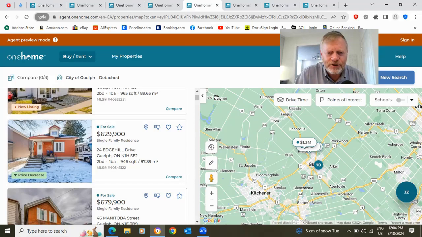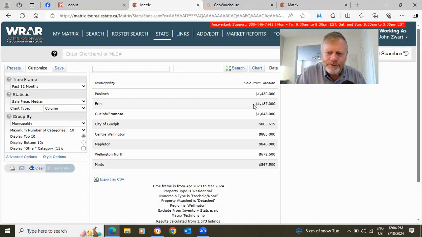Going back to what I was showing you earlier, if we flip back to this here, what's beautiful about this data is that it is actual sales that have happened in the last 12 months. Sometimes when you look at listings, as a realtor, you look at that as pie in the sky. People don't always have realistic expectations.